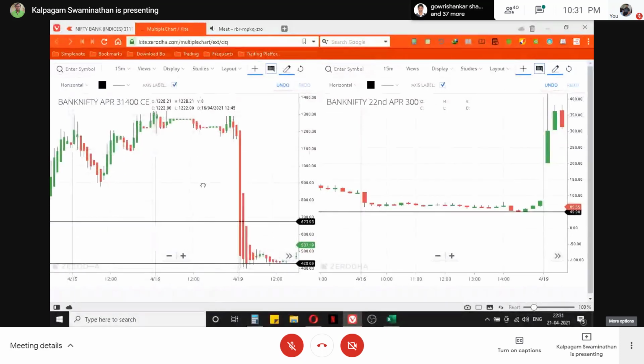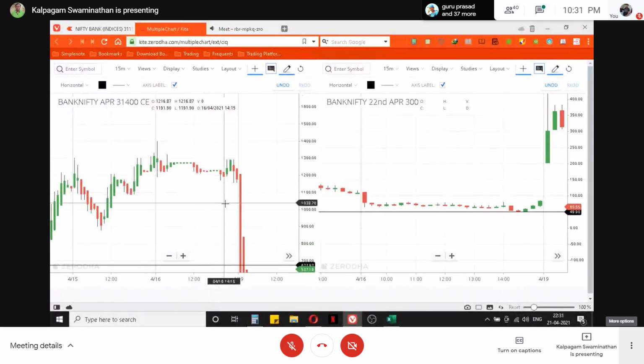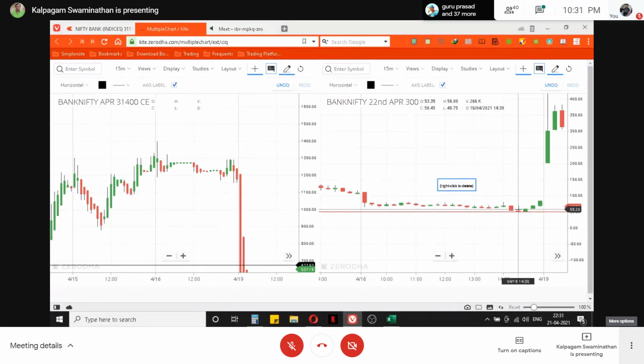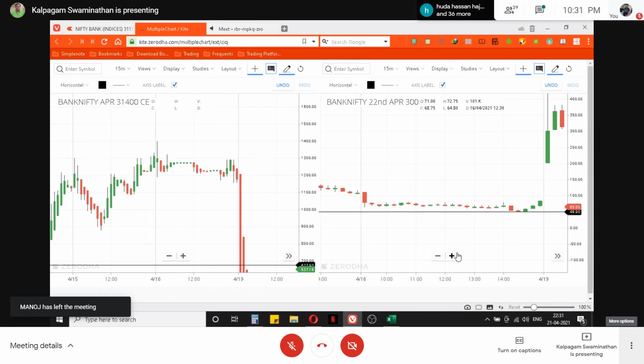If you can see the range, your entry price will be 579, that is the high, and your low is 549, that is around a 30 point stop loss. And if you hold until 3:15, that is auto square off time, or you may manually square it off, it reaches up to 668.